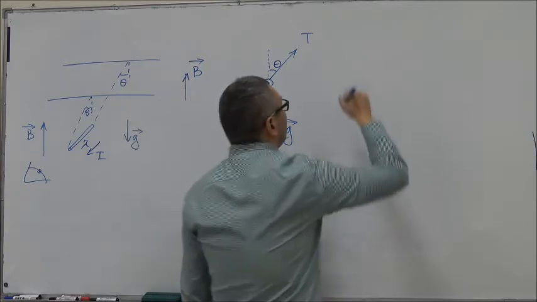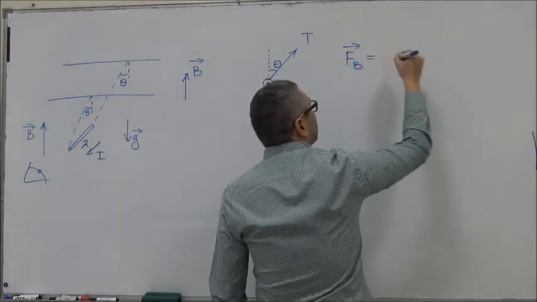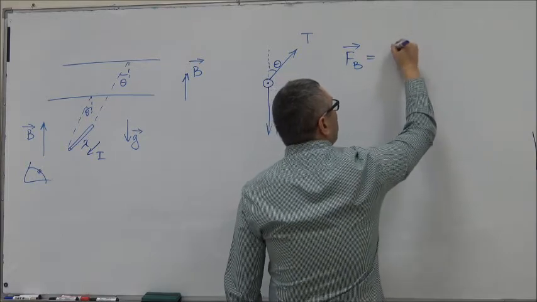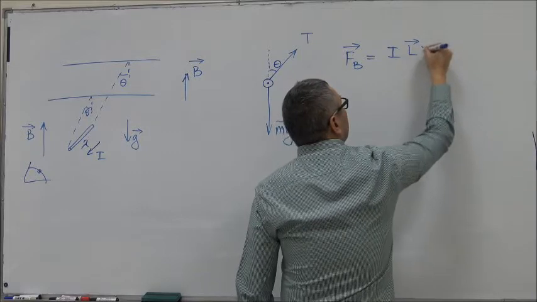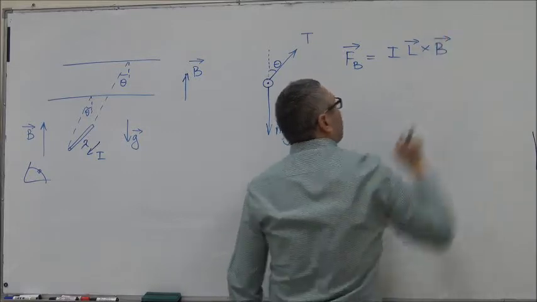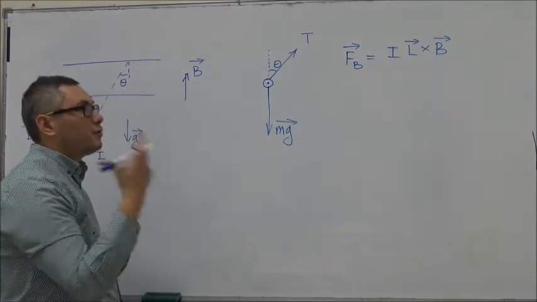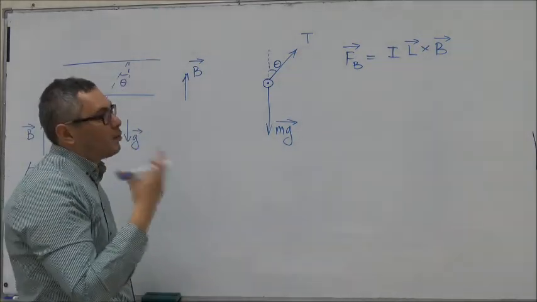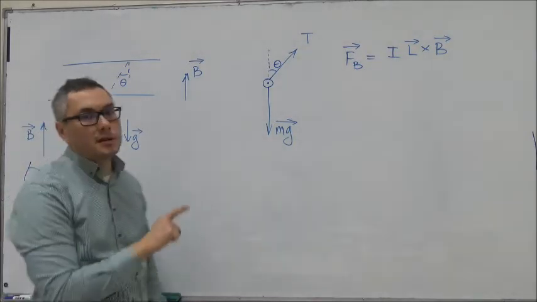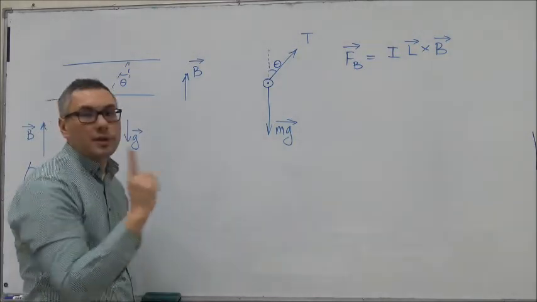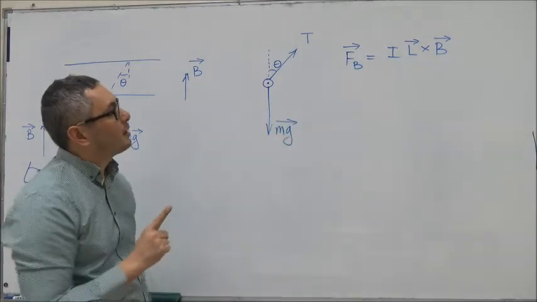Now we can use the equation for the magnetic force experienced by the current carrying wire, which is equal to I L cross B. Okay, a vector product where L vector has units of length of the wire and is pointing in the direction of the current. So in this case, L is pointing out of the board.